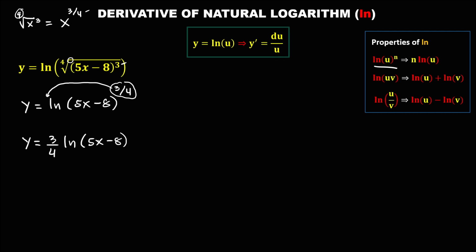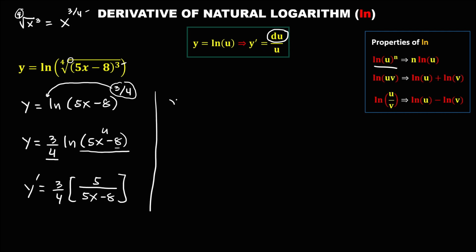Then to find now the derivative, just bring down the constant, then times the derivative of ln of 5x minus 8. So in the numerator, the derivative of u, and this is u. So the derivative of 5x is 5, and this one is 0. Then over u, so over 5x minus 8.